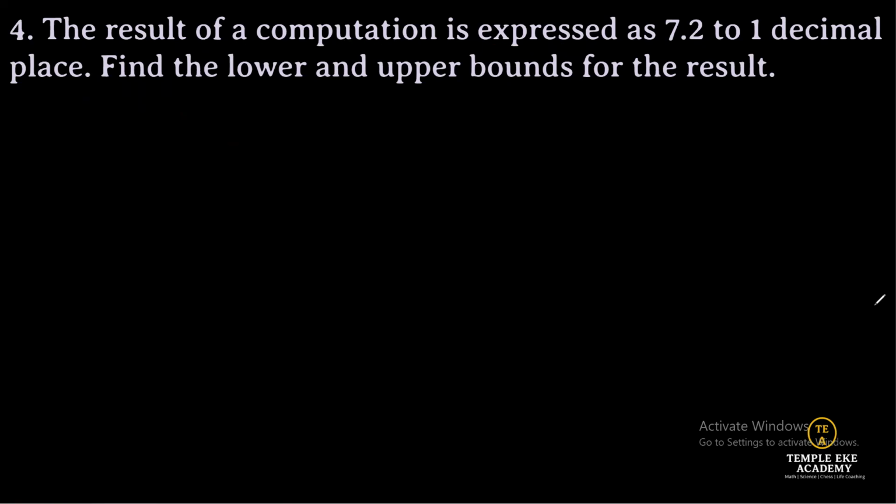All right, we have another example. The result of a computation is expressed as 7.2 to 1 decimal place. Now find the lower and the upper bound for the result.